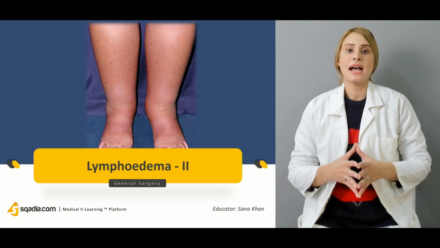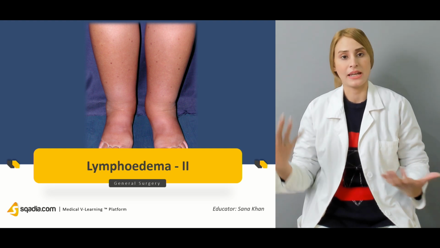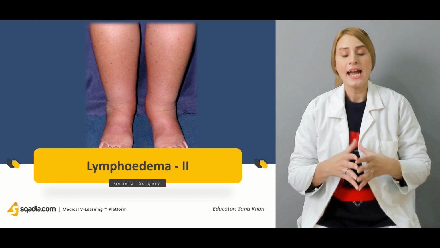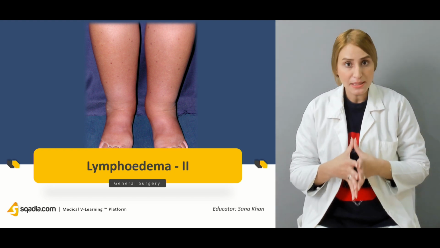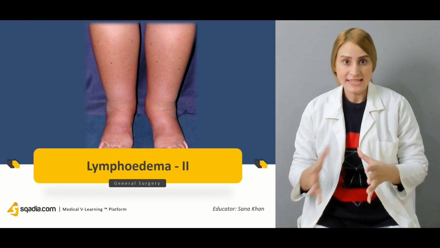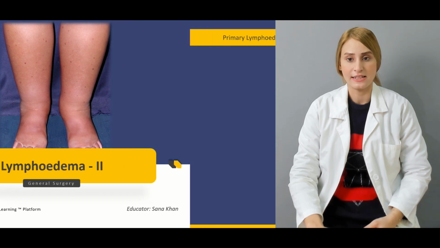We discussed primary and secondary lymphedema in a superficial way, but today we'll be talking about primary and secondary lymphedema in more detail and more comprehensively. So let's move on to the lecture.